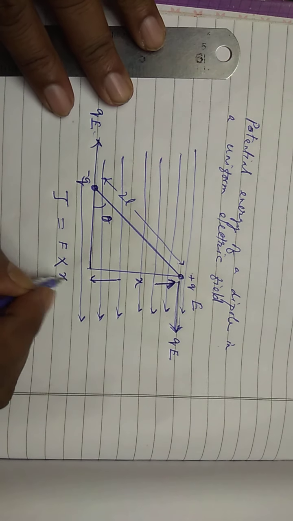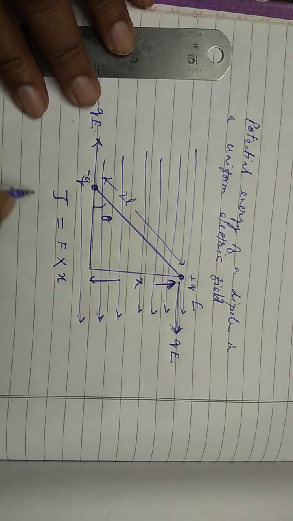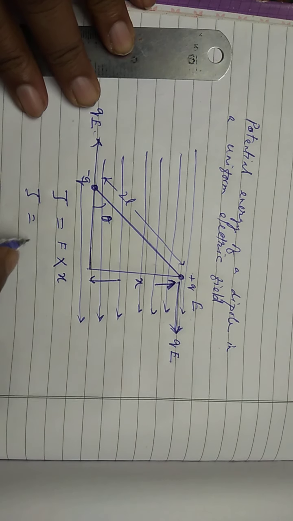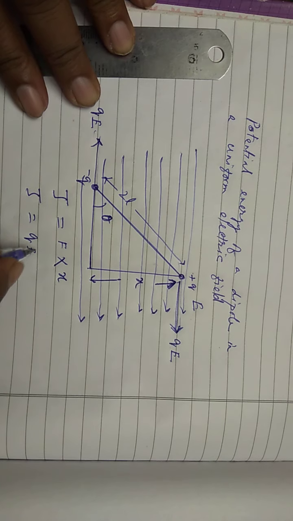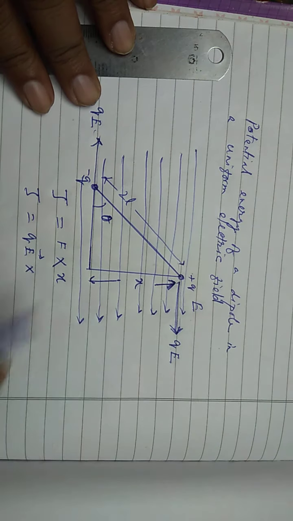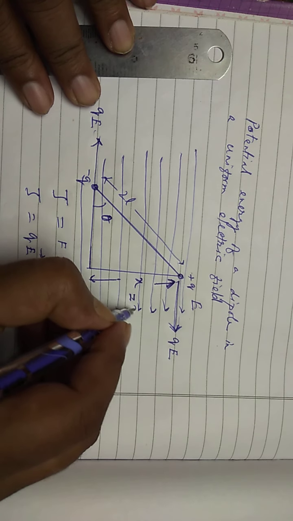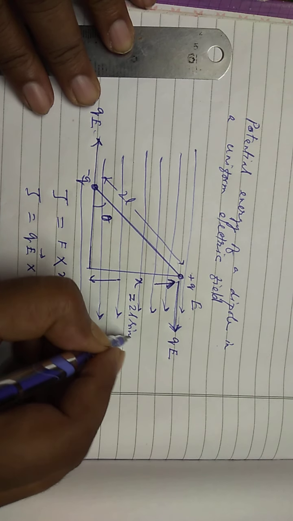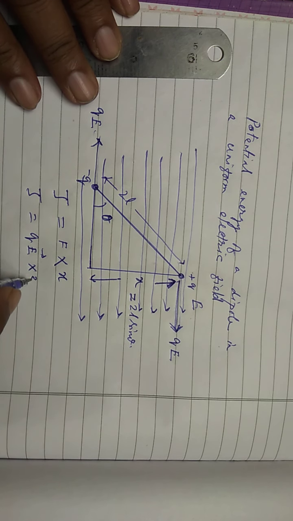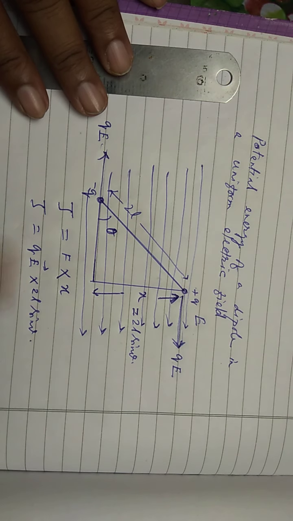This length is 2L, and using simple trigonometry, x is equal to 2L sine theta. So torque is QE times 2L sine theta.